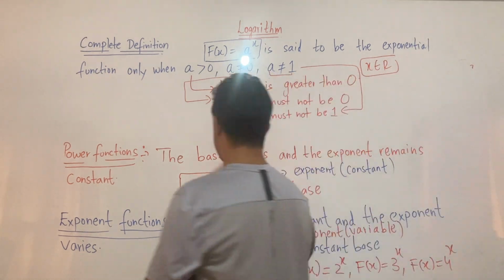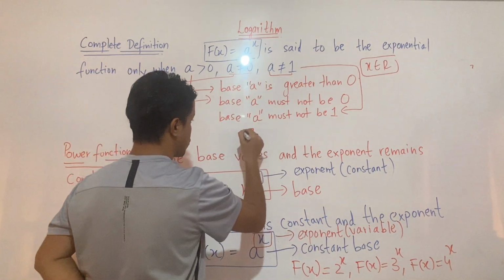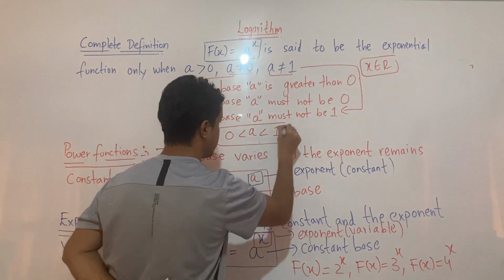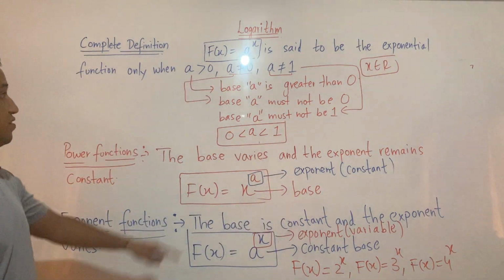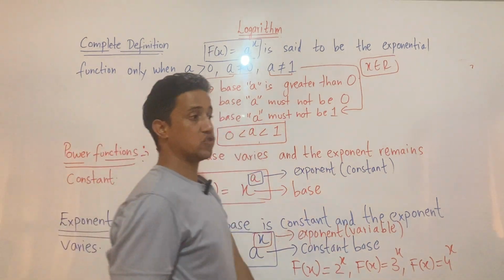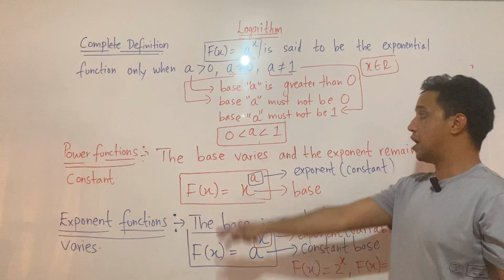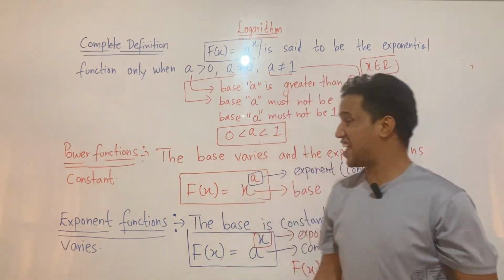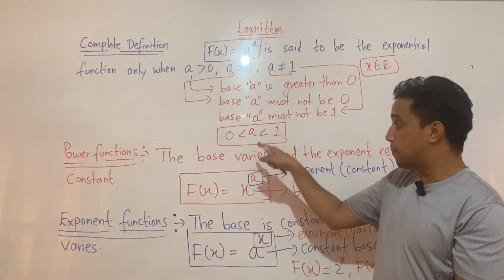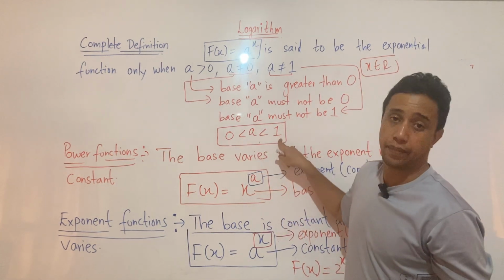It means this holds true for all the values of a between 0 and 1, meaning the base can take any value between 0 and 1, but the base cannot be 0 or 1.